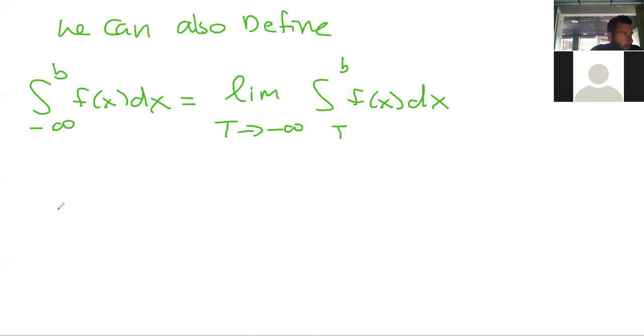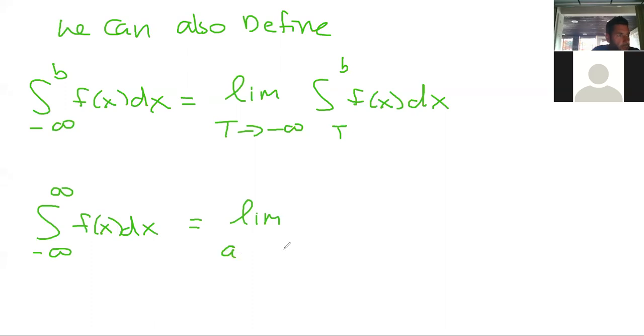And then another very important integral is, what if we integrate over every real number? How do we define this? Well, the correct way to define this is you have to define it as two limits. So the first thing you'll do is you'll define it as maybe the limit as a goes to -infinity of the integral from a to 0.